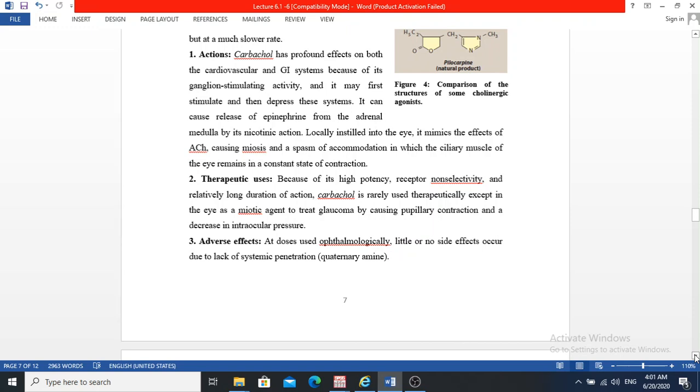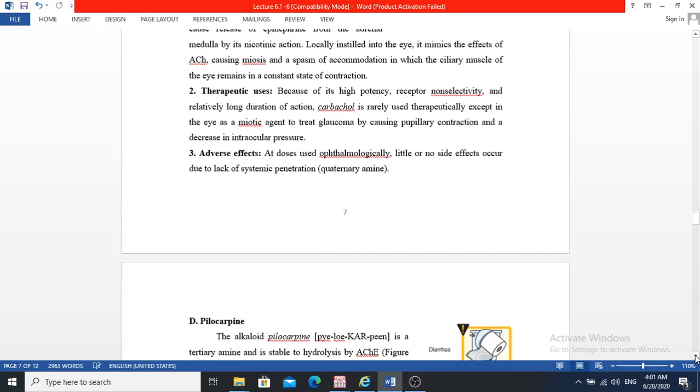Carbachol is rarely used therapeutically except in the eye as a miotic agent to treat glaucoma. So it is used only for glaucoma, by causing pupillary contraction and decreasing the intraocular pressure. Adverse effects: at doses used in ophthalmology, little or no side effects appear.